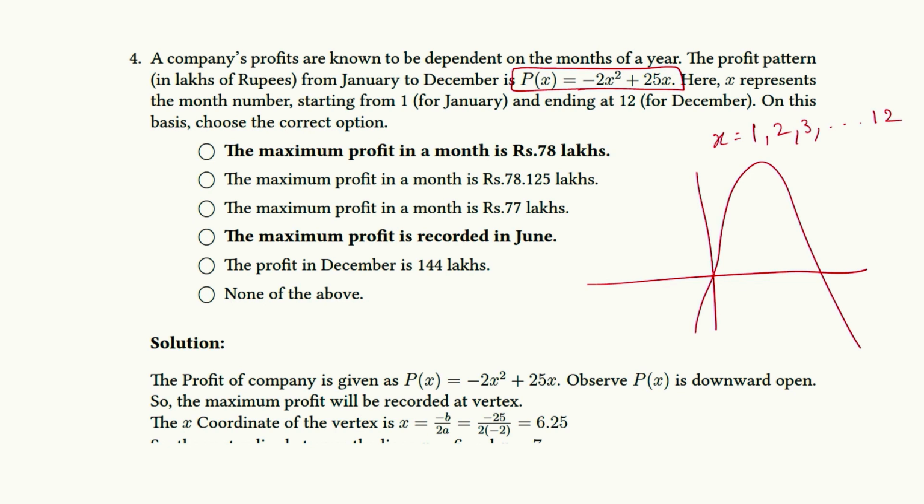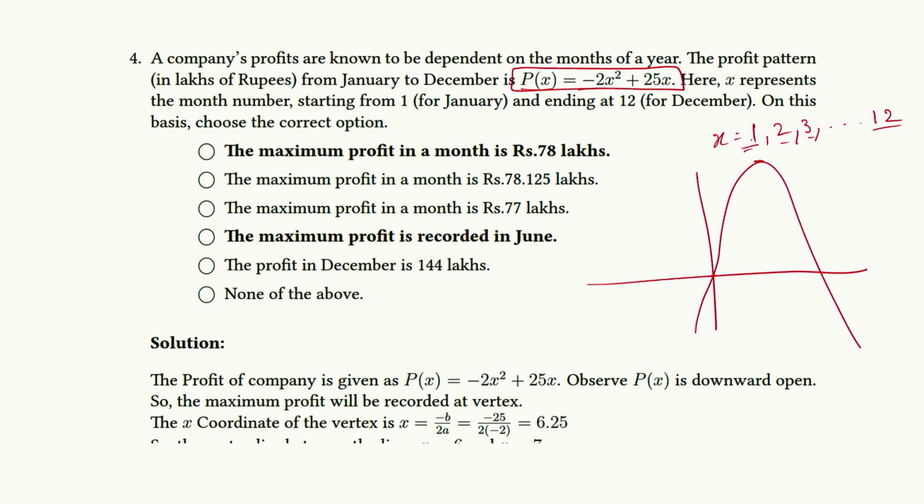So we are supposed to find the maximum profit. So if we see here, P of x takes values at x is equal to 1, 2, 3 and so on up to 12. So in between there won't be any month of 7.5 or 6.2. If you are talking about January, the value of x is 1.